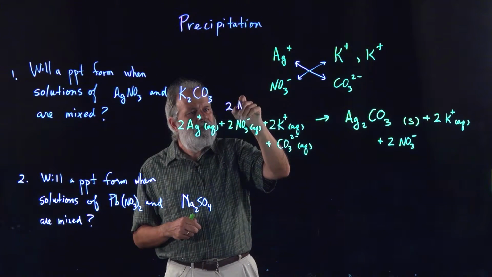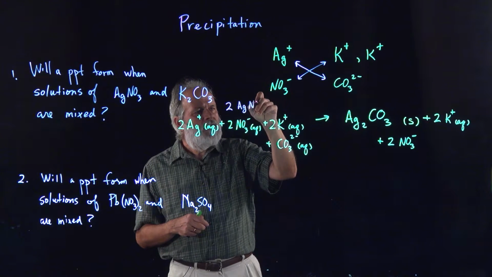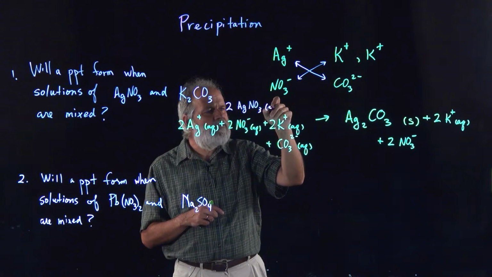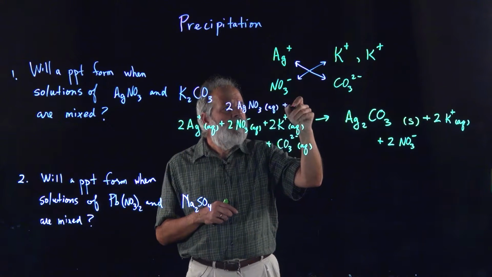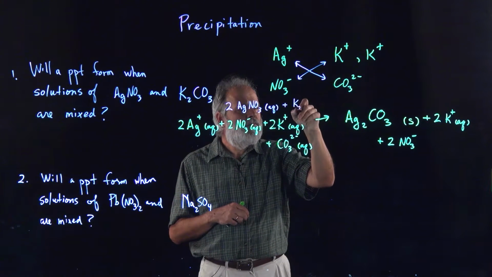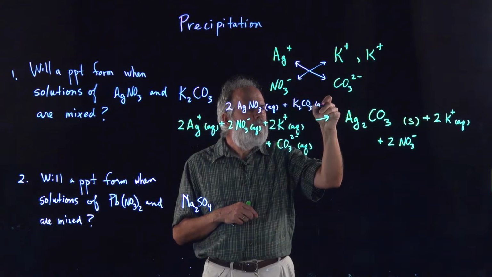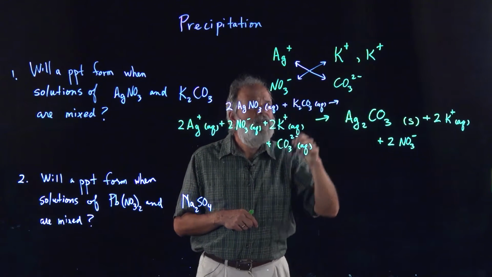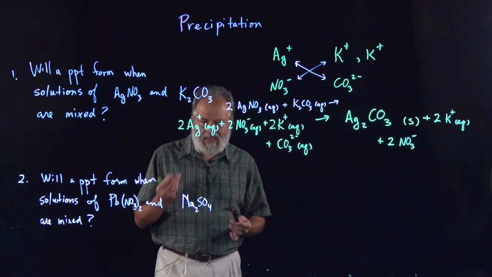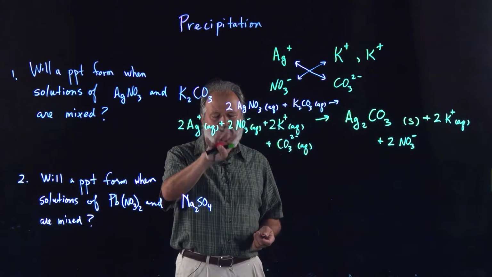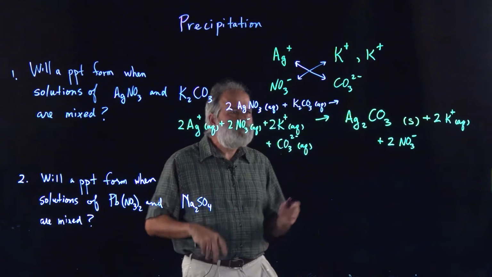So in the balanced chemical equation, in the form you've probably seen before, you say, hey, I just have a silver nitrate aqueous solution, but now I realize it's a soluble salt, it's an electrolyte.